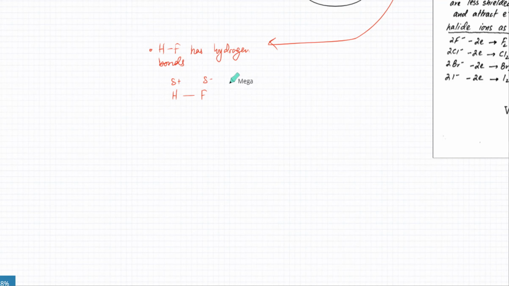Three elements form hydrogen bonds. It's either fluorine with an H, or N with an H, or O with an H. That results in a very polar bond. And the reason why fluorine also has an even greater negative charge is because fluorine has lots of spare electrons, these lone pairs, in its outer shell. So the negative charge increases because of that.